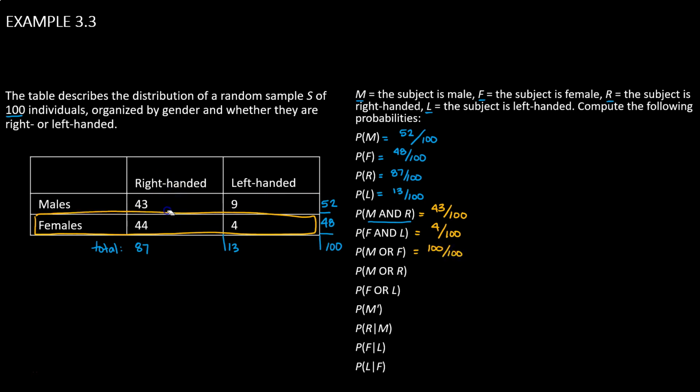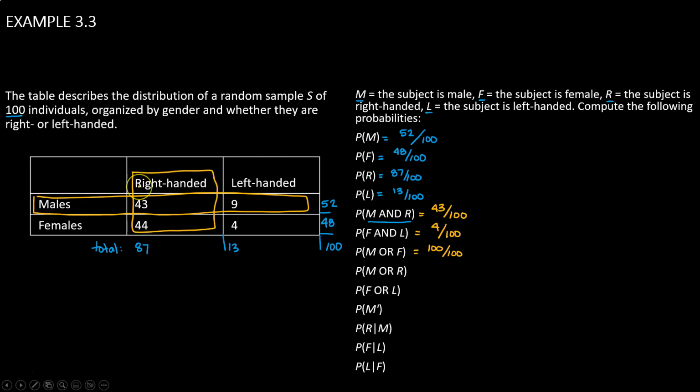What if we wanted male or right-handed? We've already highlighted this row and this column combo before, but this time, instead of crossing out the numbers that are not overlapping, we're going to include them. We have 44 individuals who are right-handed but female, 43 individuals who are male and right-handed, and 9 individuals who are male but left-handed.